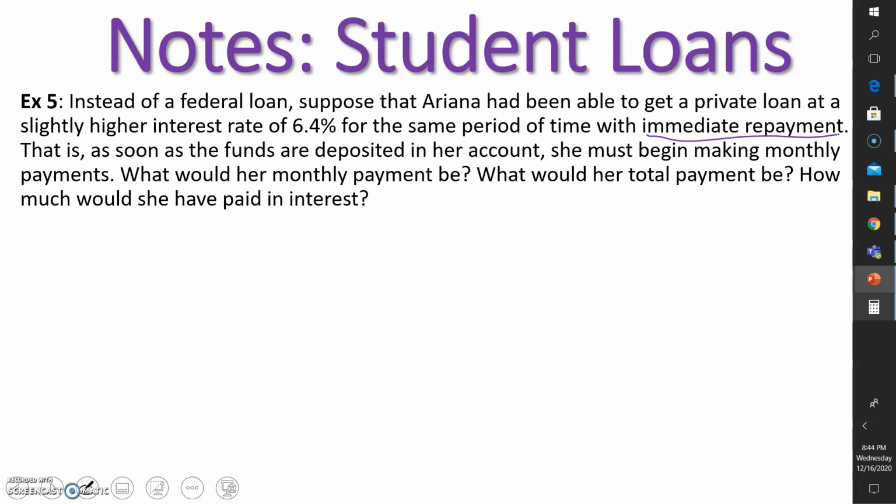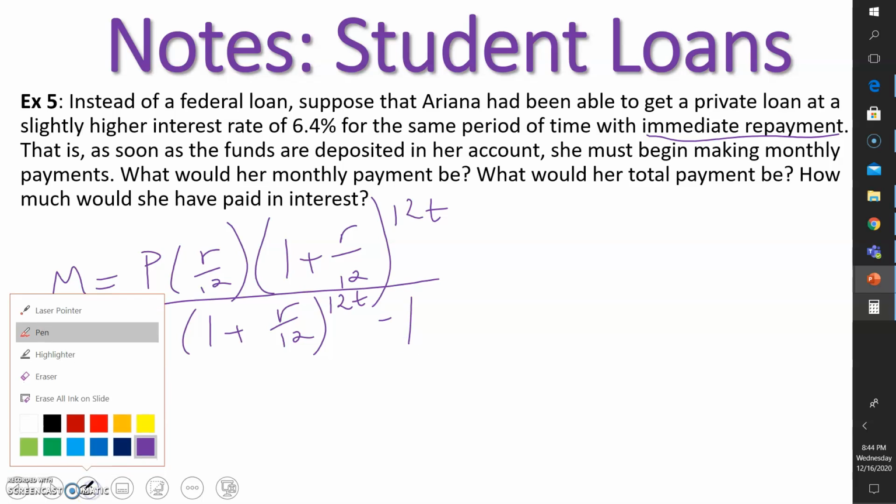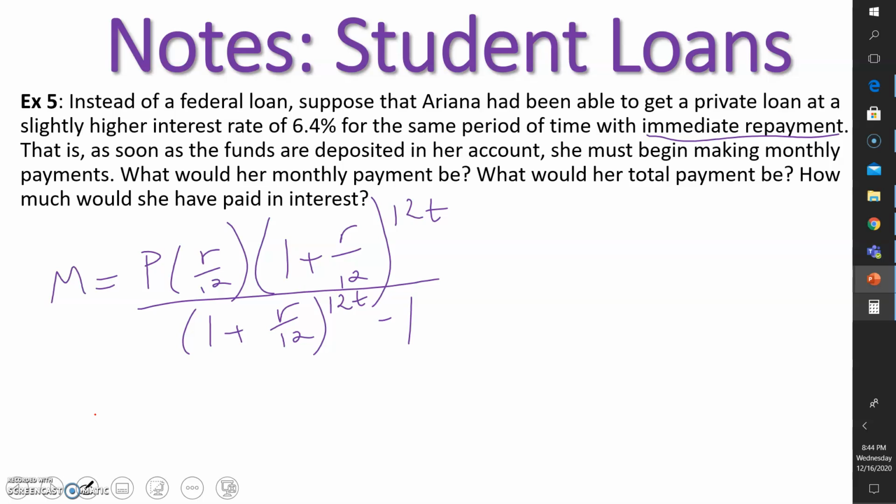We're going to start by remembering what our monthly payment formula is. M is equal to P times r over 12 times 1 plus r over 12 to the power of 12t, all over 1 plus r over 12 to the power of 12t minus 1. Our rate in this case is 0.064. Our principal is that 9,100, the same amount of money.